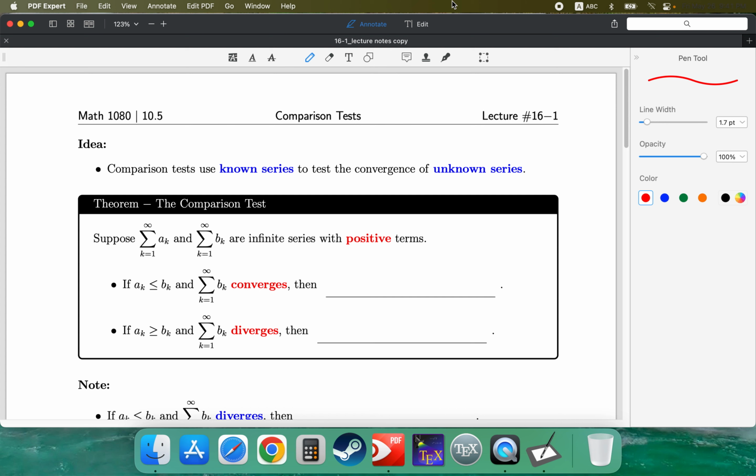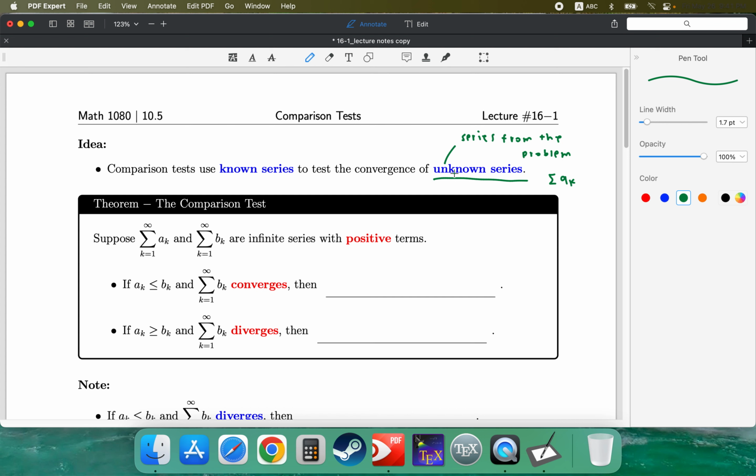So here's the idea. Both comparison tests use known series to test the convergence of unknown series. Notice that the unknown series is the series from the problem. In the box below, we will use summation of AK to denote the series from the problem.